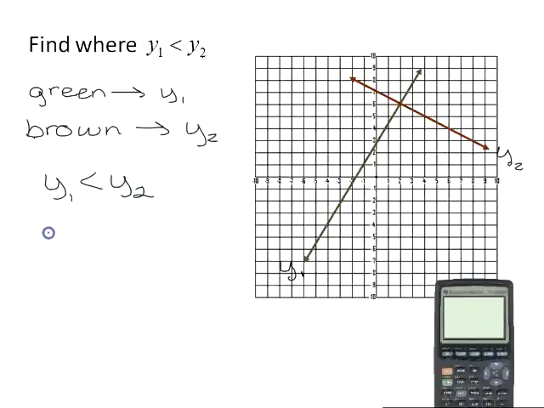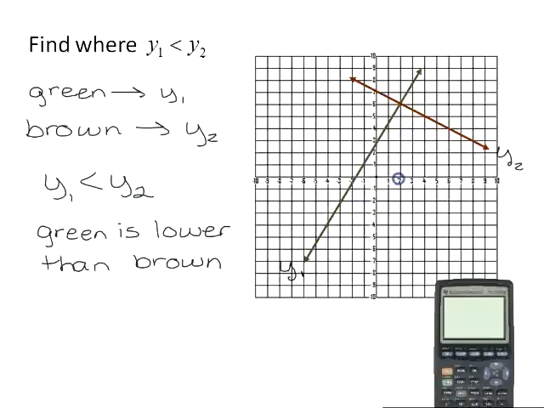the brown line. So in other words, where my green is lower because it's less than the brown line. So where the green is lower than the brown is all of this right in here.